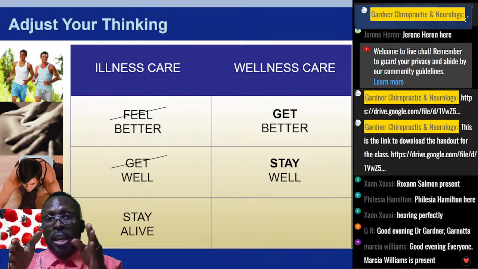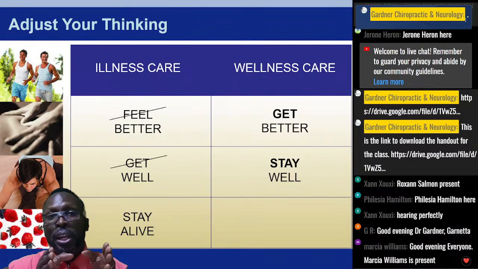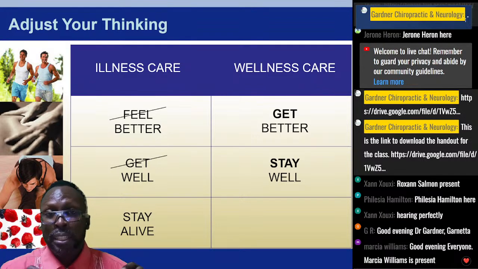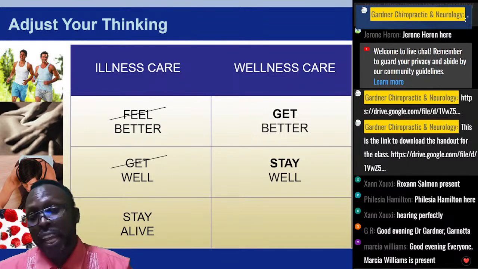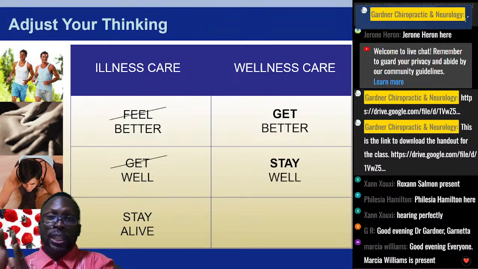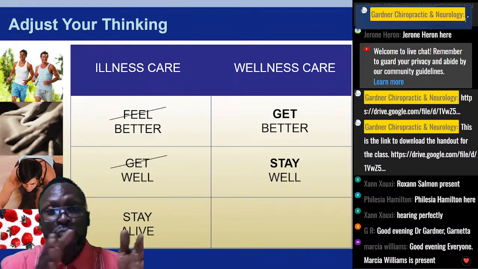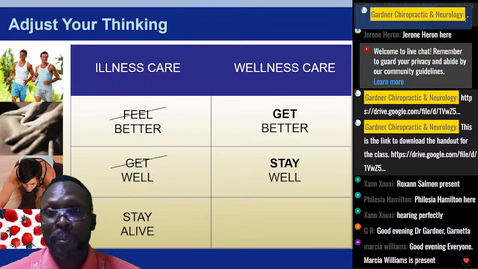With poor health, your disease window has taken up a portion of your health window. So instead of being in good health, a large portion of your life is spent in illness. And then you matriculate from illness straight into death. Whereas somebody who is healthy, the majority of their life will be spent in a state of good health.